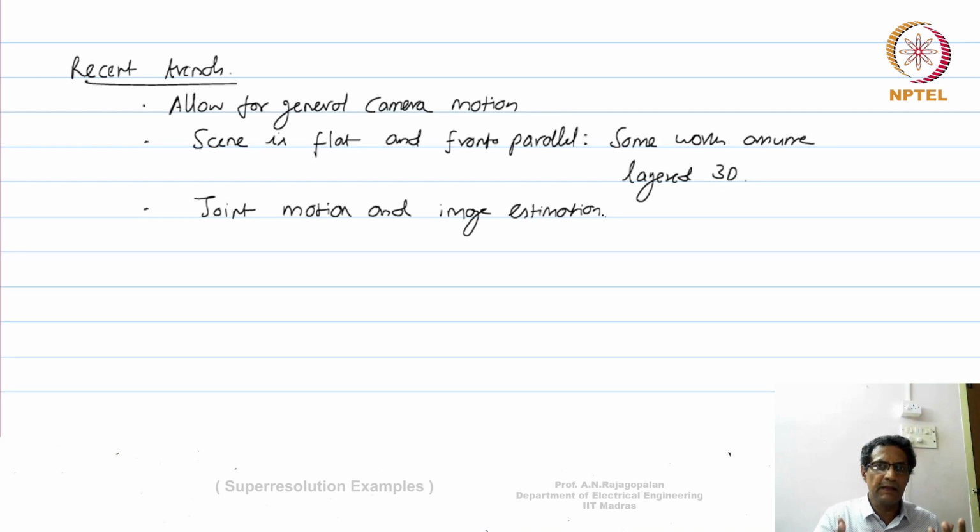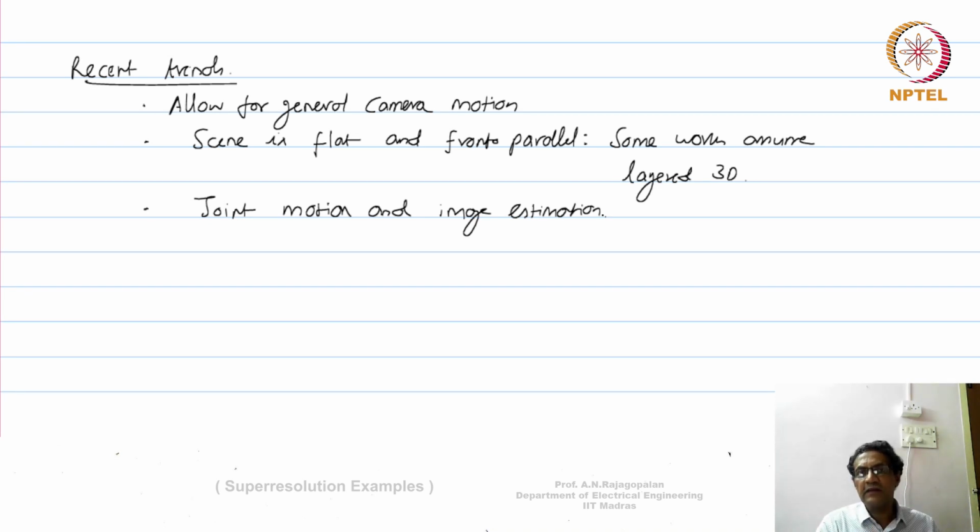You just blindly believe that the motion estimation is correct, and therefore when you solve for x, all the errors that you made in the motion estimate will creep into x, and x will no longer look as nice as you might want it to look. That is why people do a joint motion and image estimation. That means in one iteration you solve for motion, in the other iteration you solve for the image, and you keep on updating both. Which is like an alternating framework.